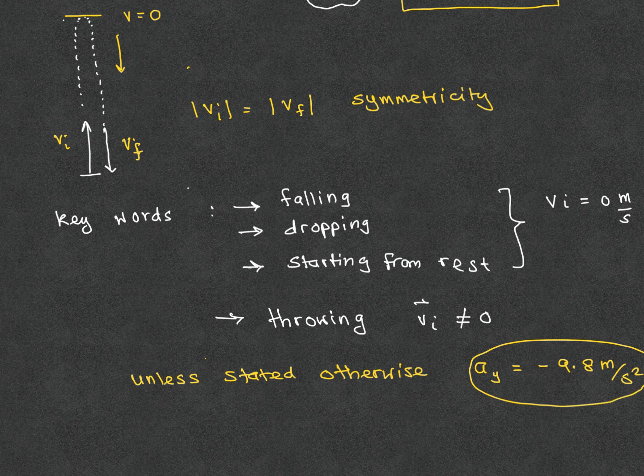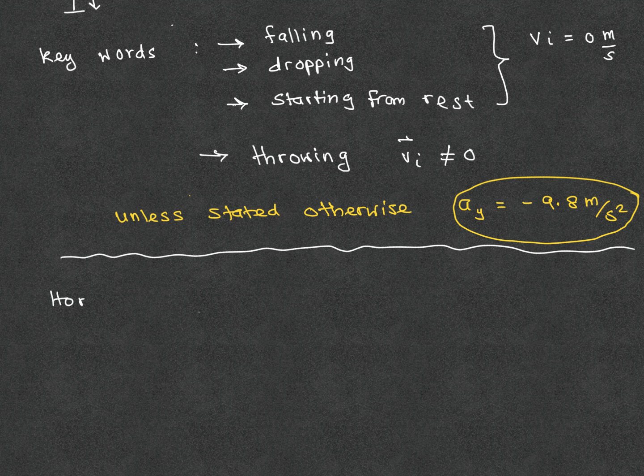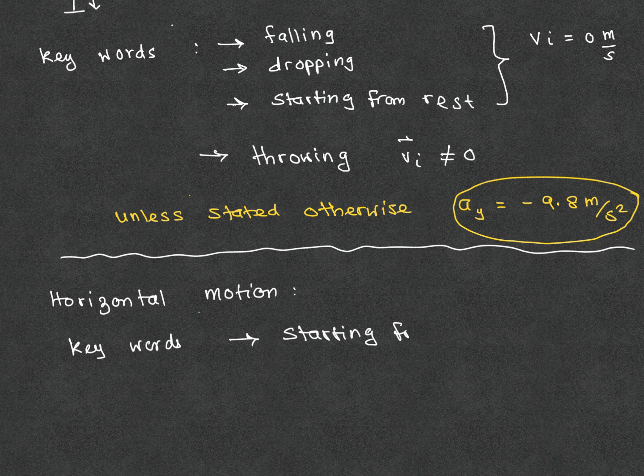Now the same works for the horizontal motion. I mean, in the class we discussed that first, but it's okay. So for horizontal motion, as I mentioned, the same equations will be used, and the keywords: starting from rest, that also gives us initial velocity equals to 0.